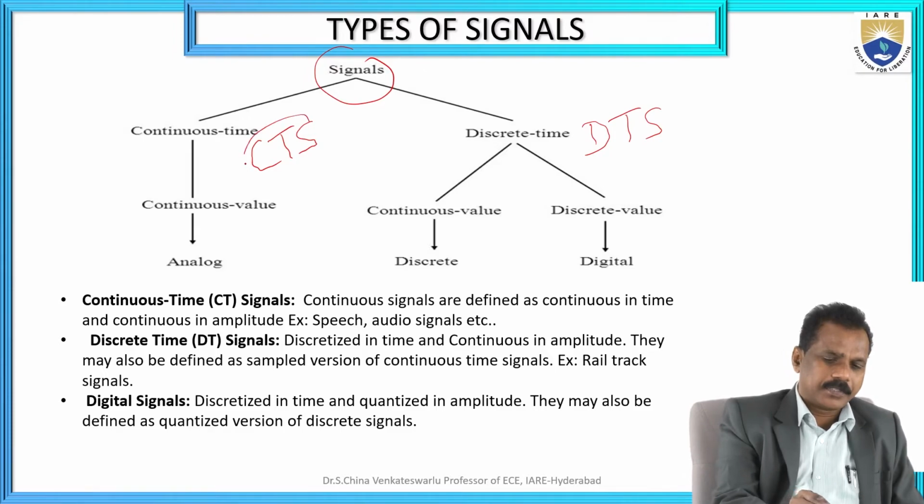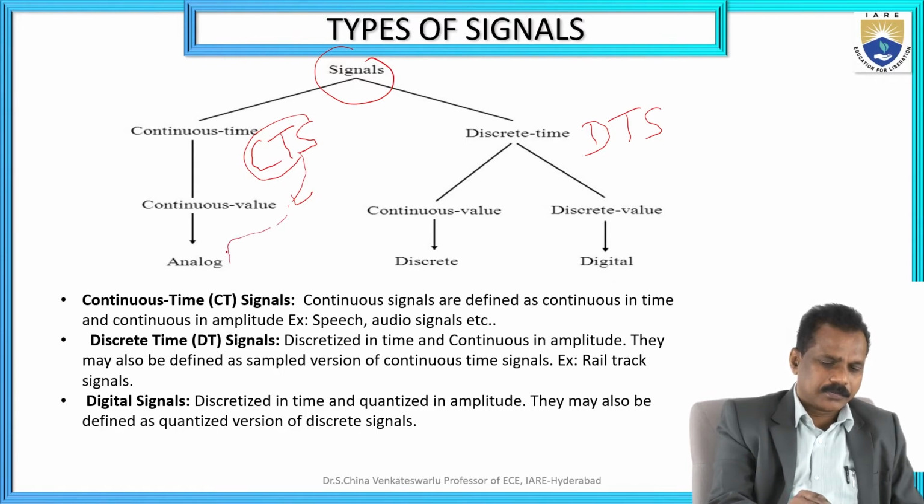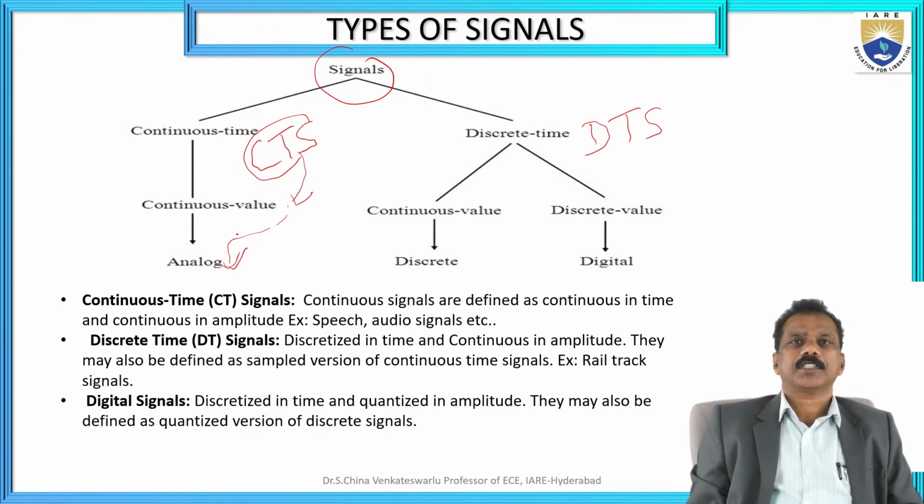In a continuous time signal, we have continuous values. Based on these continuous values, we verify the nature of the signal. When input signals are available, the signals may be either CTS, where continuous values are observed, or not.